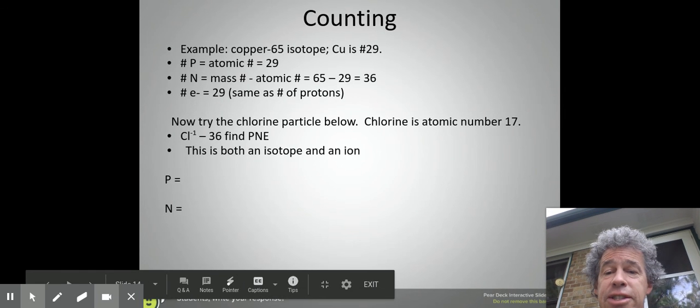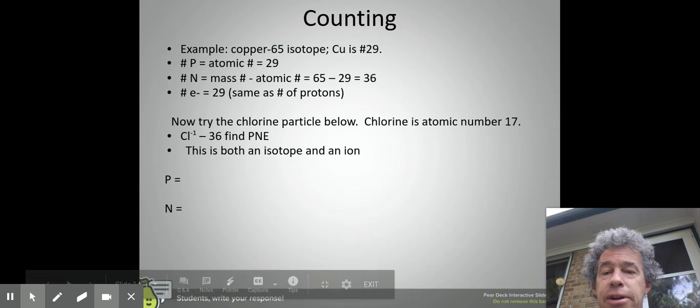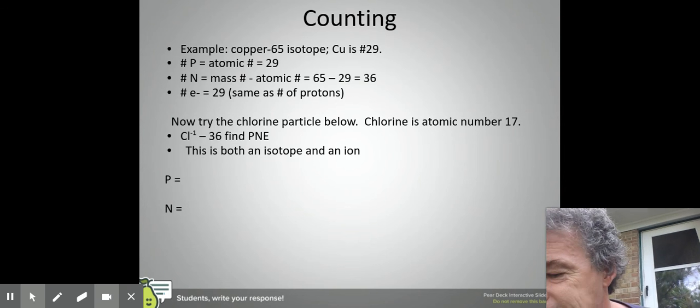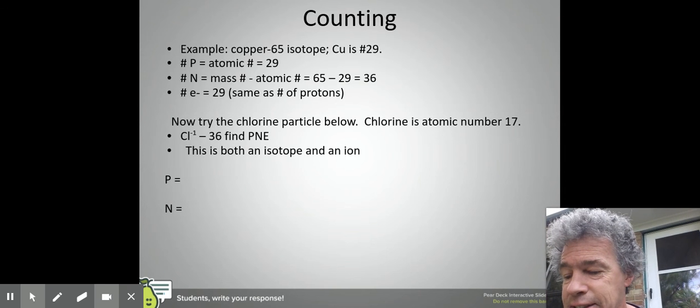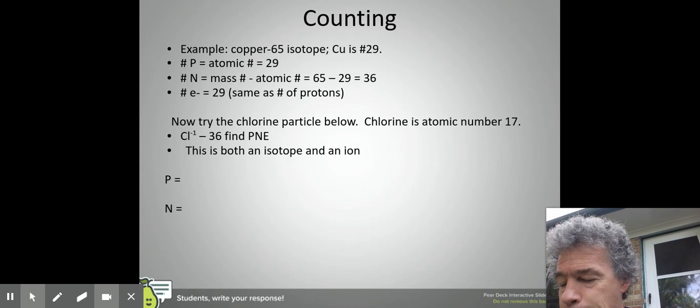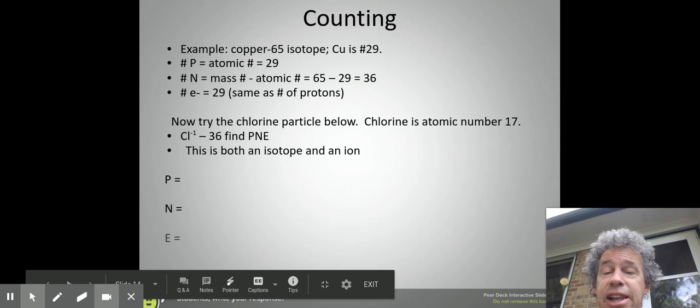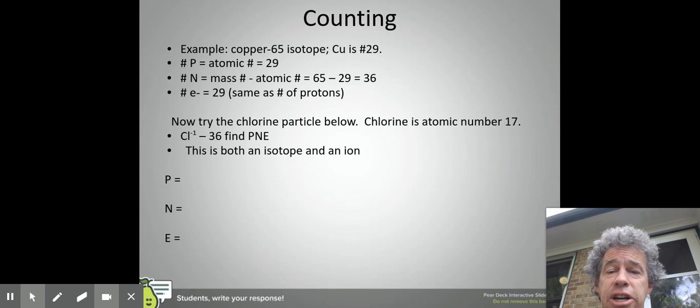Neutrons, again, is the number subtracted from the total mass. In this case, the total mass is 36. The number is 17, so 36 minus 17 is 19, so 19 neutrons. And finally, electrons is the number 17 minus the charge, so 17 minus negative 1 is 18.